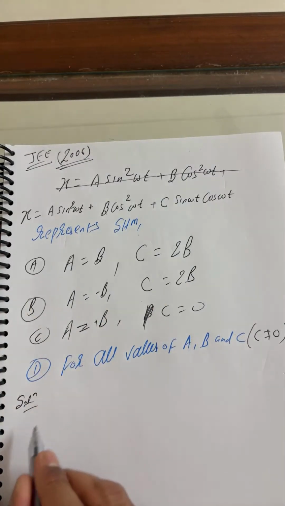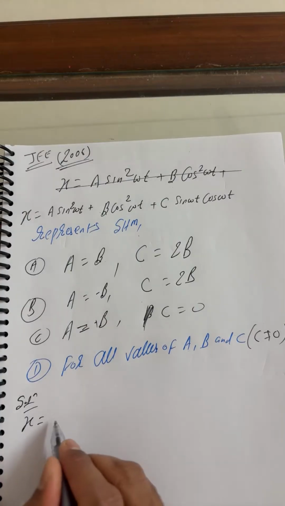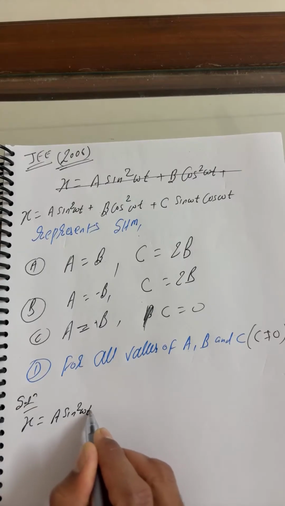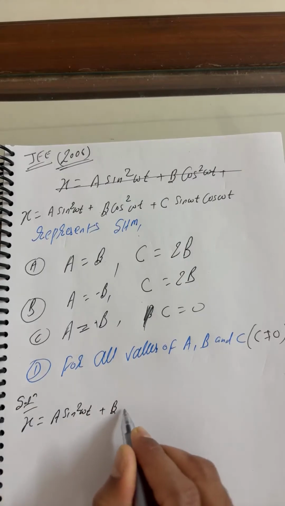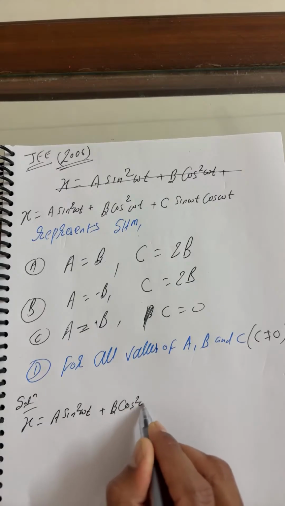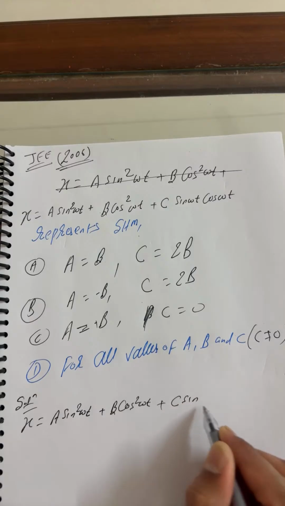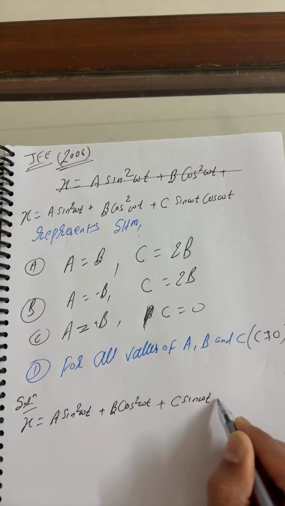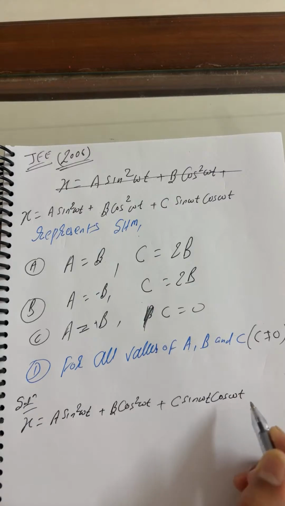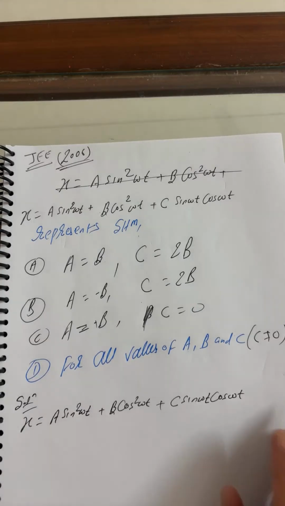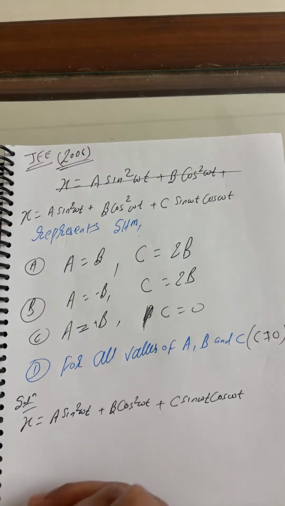Given equation x is equal to A sine square omega t plus B cos square omega t plus C sine of omega t into cos of omega t. Here the trick is to multiply and divide by 2 in numerator and denominator.